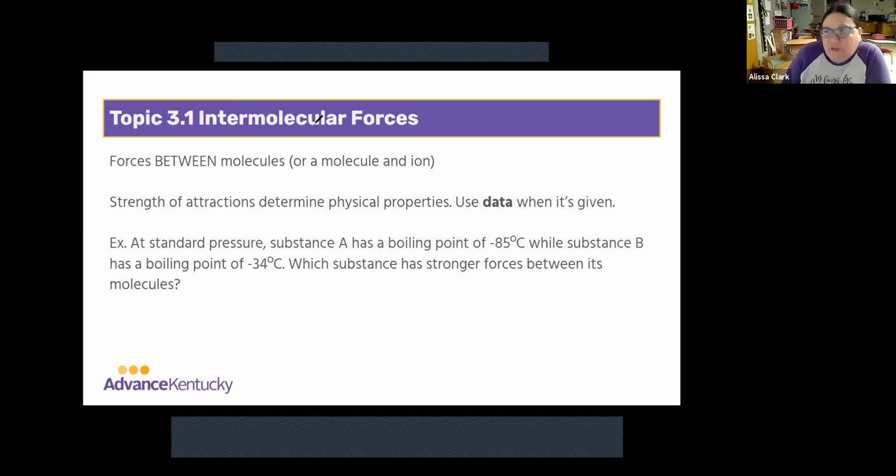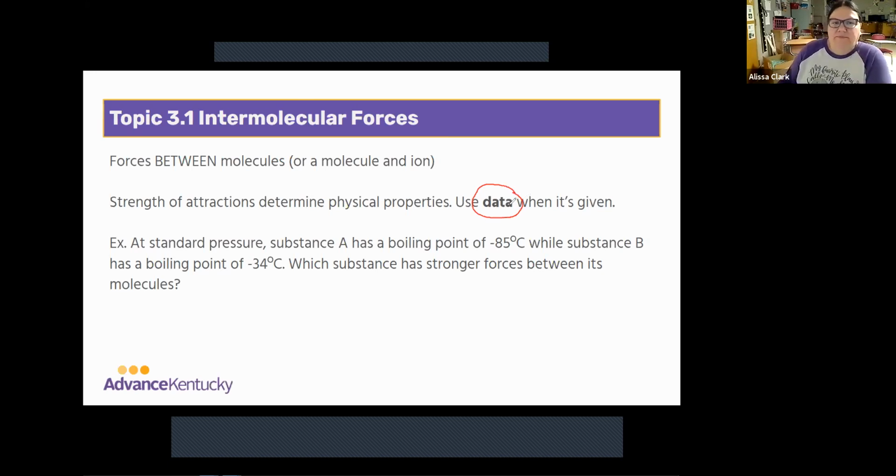Okay, a hydrogen bond. But you can't always assume that the general models and trends that we see are always true. So the most important thing I always tell my students is data trumps anything you know or anything you think you know. If they give you data and if you have data to interpret, whatever the data tells you is what you've got to go with.